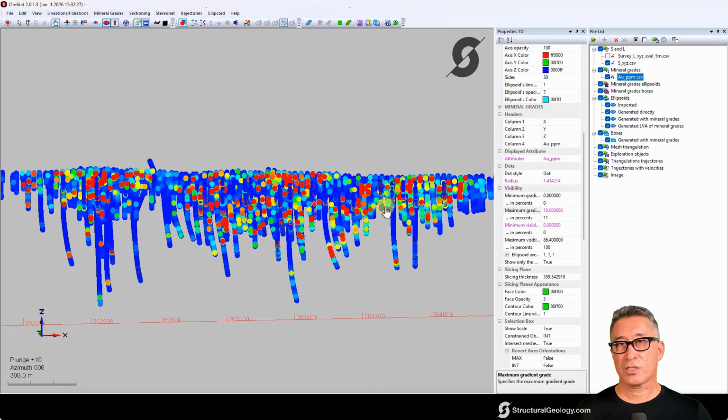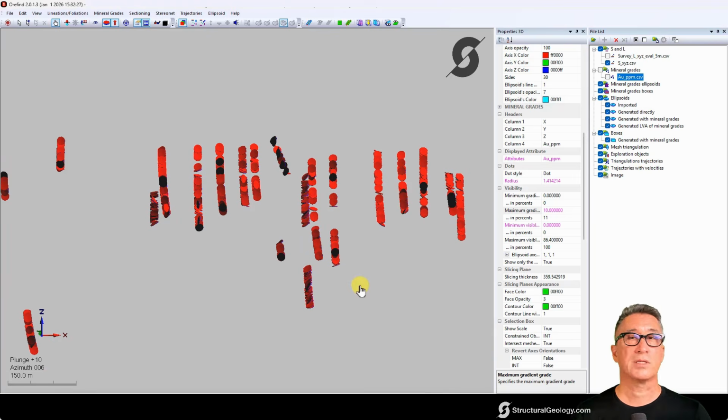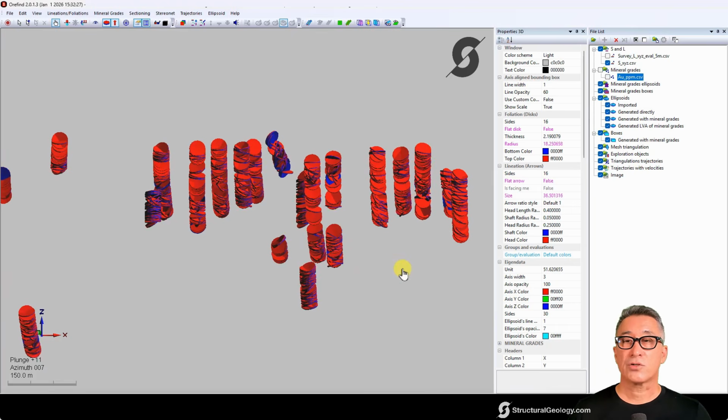So at this location, there are 2 foliations, okay? And I'm loading the data set for foliation number 2, so S2 in this case. S2 looks like this.